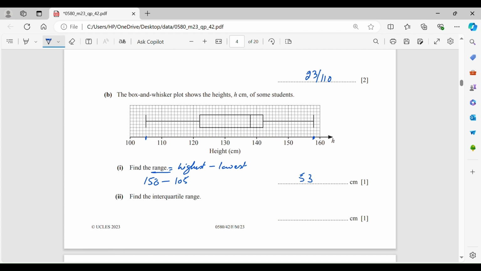Next, second part, find the interquartile range. So interquartile range will be equal to upper quartile minus lower quartile.